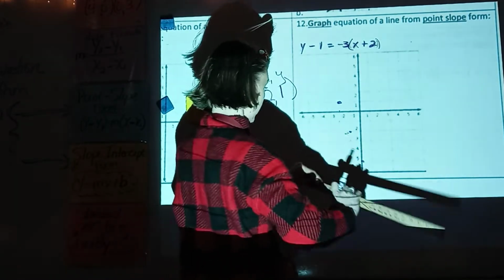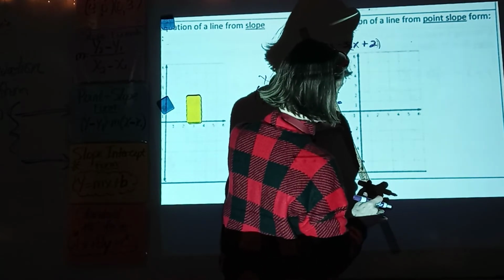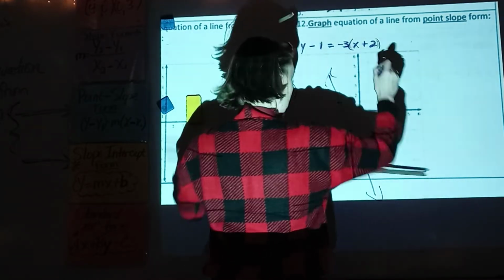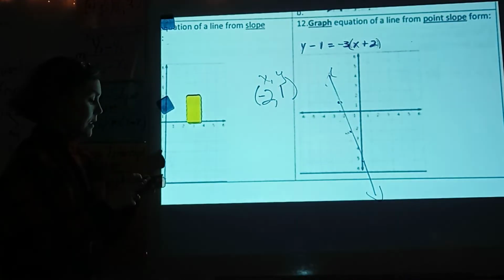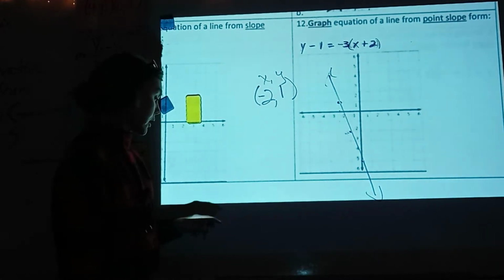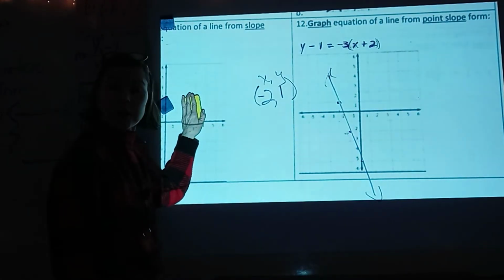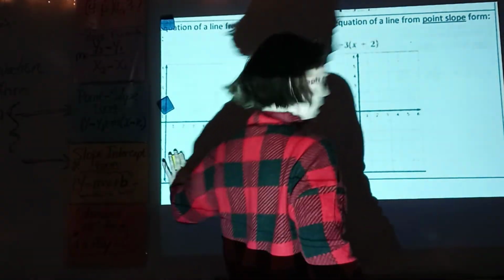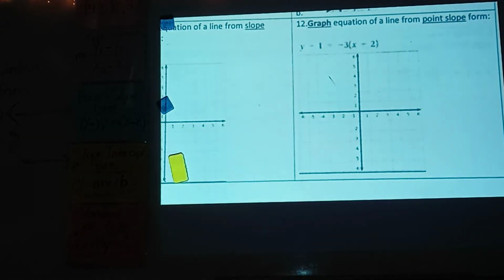Grab the straight edge, your student ID or whatever you have, and draw the line. And there you go. And you just graphed it. Okay? Guys, that was number 12 of the Unit 3 exam review. Moving on. Let's flip to number 13.